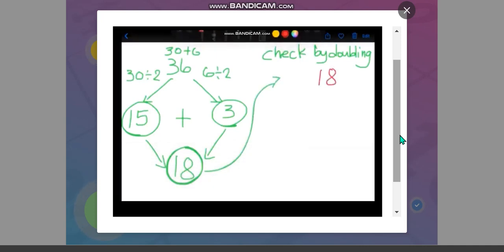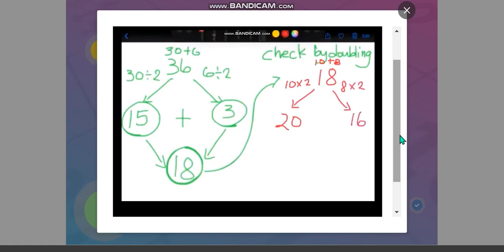So 18, partitioned, would be 10 plus 8. Okay, so we are going to double 10. So 10 times 2 equals 20. 8 times 2 on the 1's place, or double 8, would be 16.